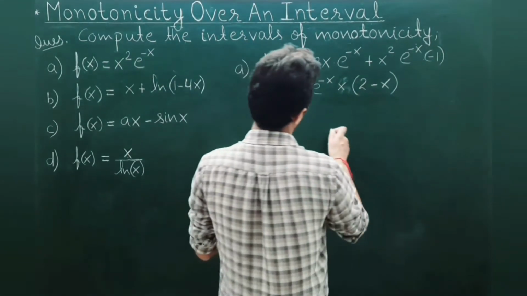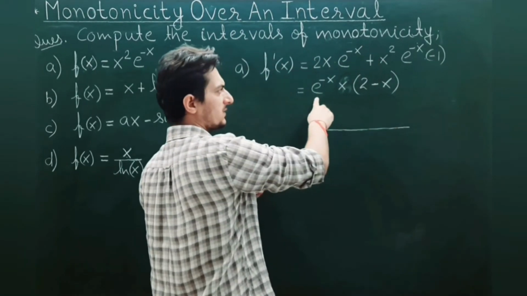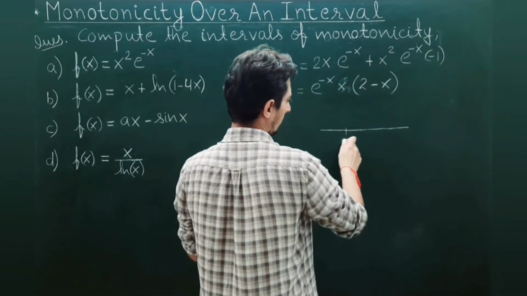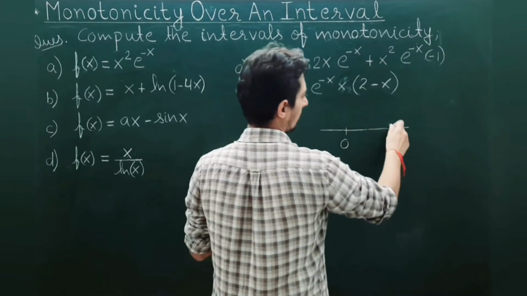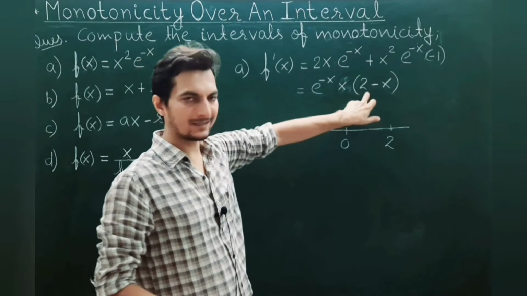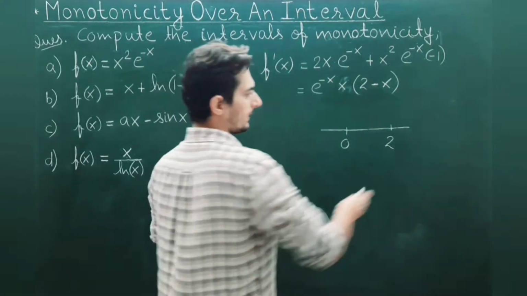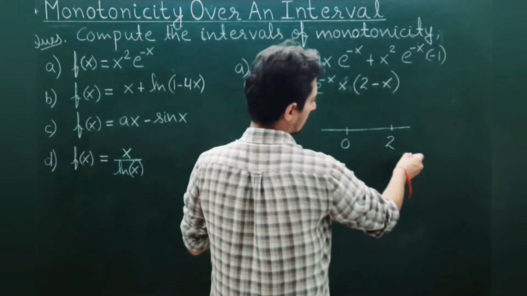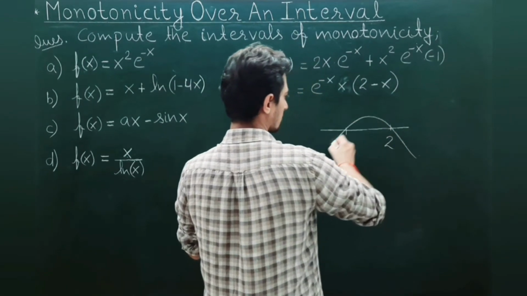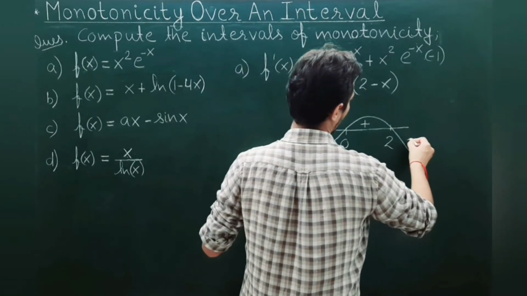So let's go with the wavy curve. e to the power minus x is always positive. x is 0 at 0, and this is 0 at 2, right? Because this is 2 minus x, therefore the signs will be inverted in general case. Otherwise it would have been this curve, but in this case this is going to be like this, right? So here positive, here negative, and here negative.